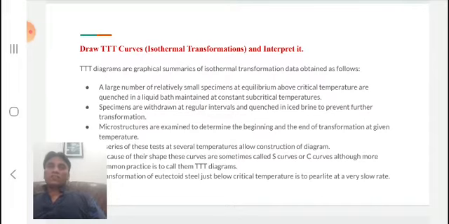These curves are also called isothermal transformation curves, where isothermal means that at constant temperature there is a transformation from austenite to either pearlite or sorbite or troostite or upper bainite or lower bainite or any other structure.